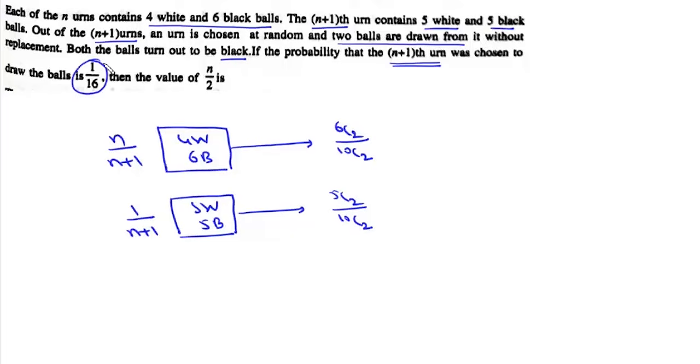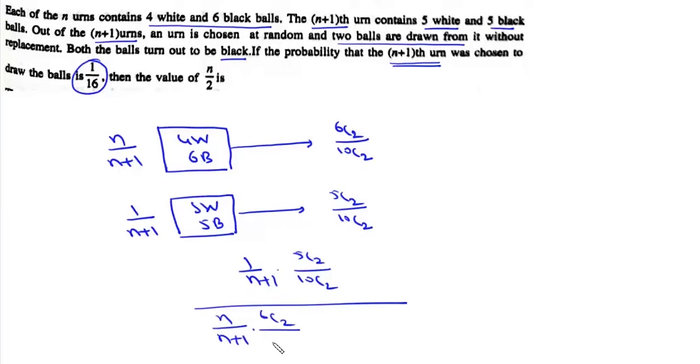So it is a Bayes theorem condition. So we'll take this case in the numerator. So it will be 1 upon n plus 1 times 5C2 upon 10C2, divided by n upon n plus 1 times 6C2 upon 10C2 plus 1 upon n plus 1 times 5C2 upon 10C2, and this value is 1 by 16.